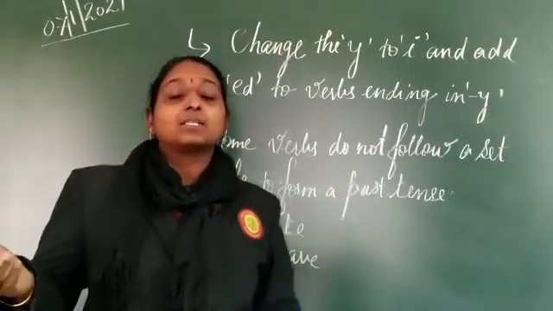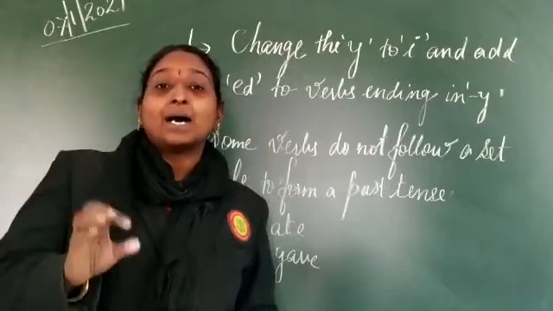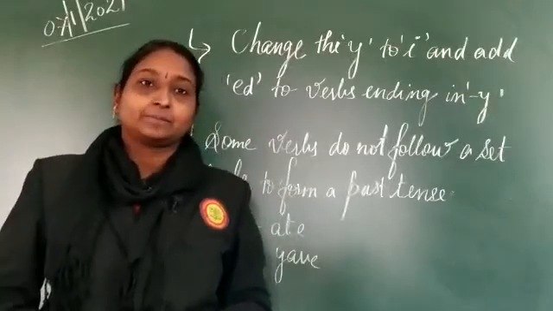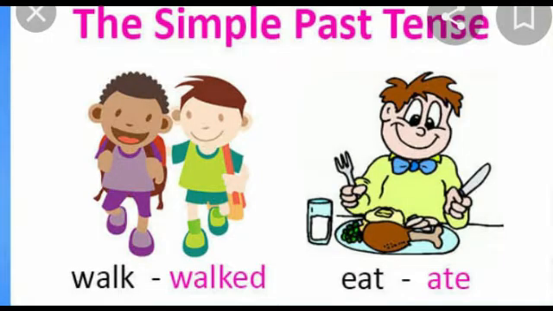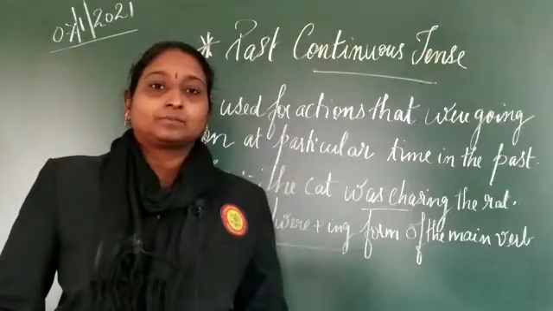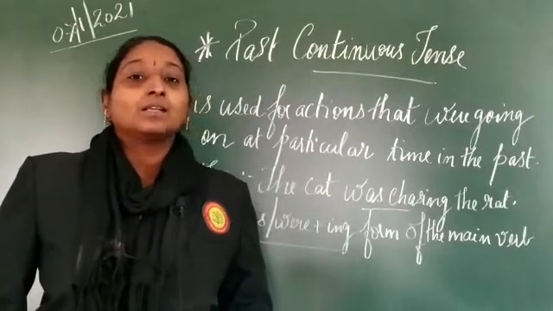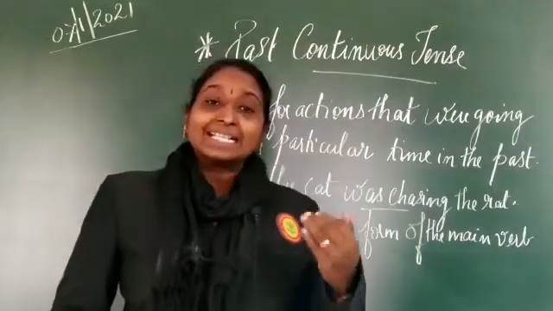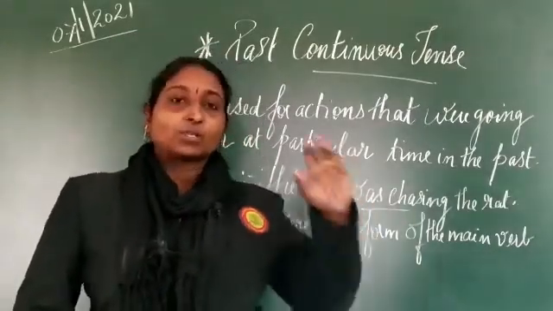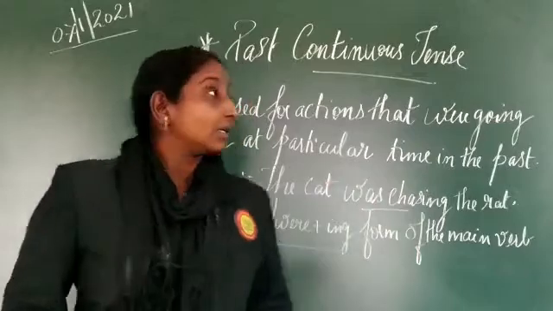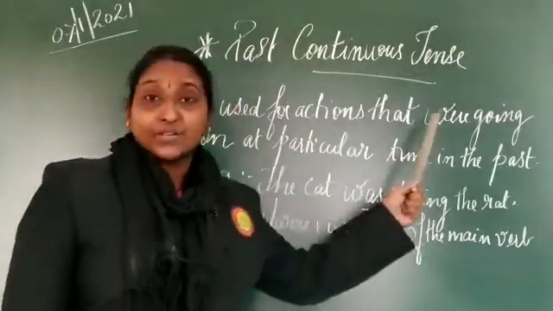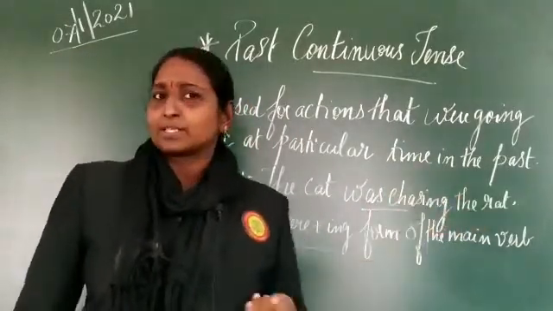Now I will tell you what a past continuous tense is. Now students, the second point or topic of past tense is past continuous tense. So what is a past continuous tense?